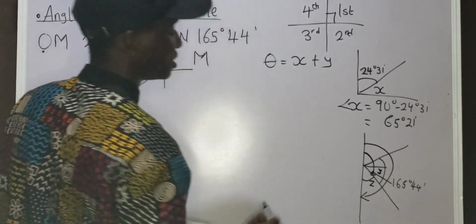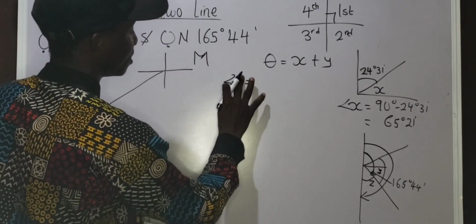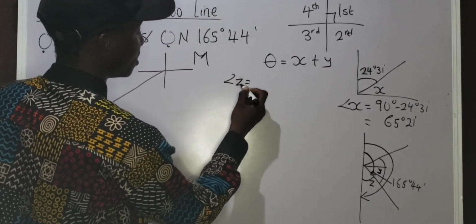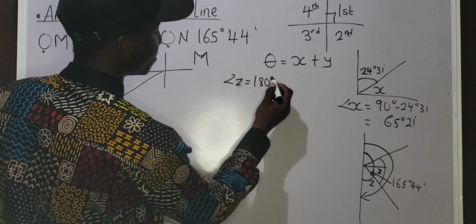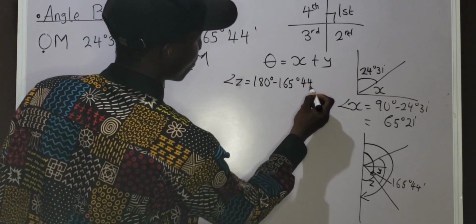Now, how do I calculate the value of angle Z? Angle Z is equal to, sorry, this is not 2, it is Z, okay? Angle Z is equal to 180 degree minus 165 degree, 44 minutes.